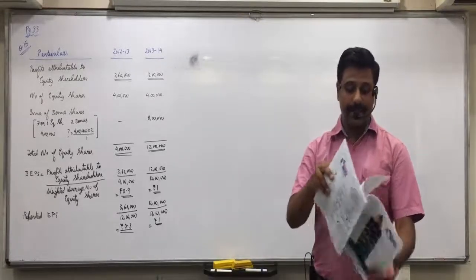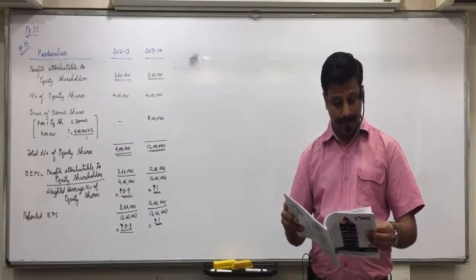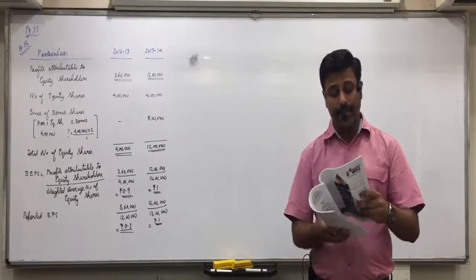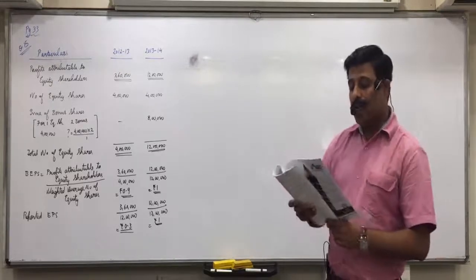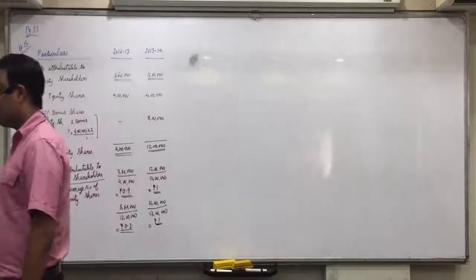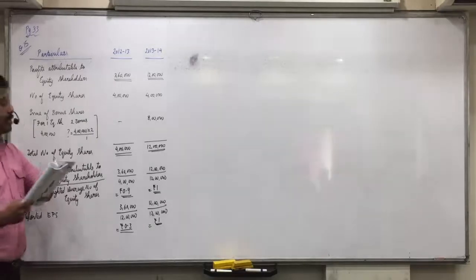Question number 16. I'll discuss and you'll do it on your own period. PQR Limited had substantial reserves and surplus. The net profit made during the year ended on 31st March 2011 and 31st March 2012 were 12 crores and 16 crores.